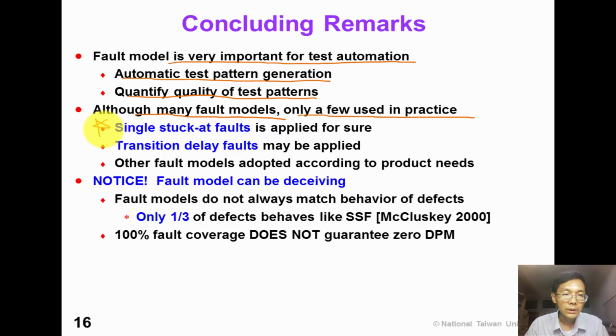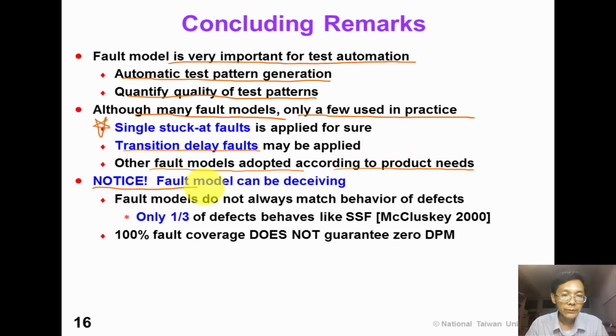First of all, single stuck at fault model is applied for sure. Then, some companies will choose to use transition fault model. Other fault models are adopted according to the company and the product's requirement.